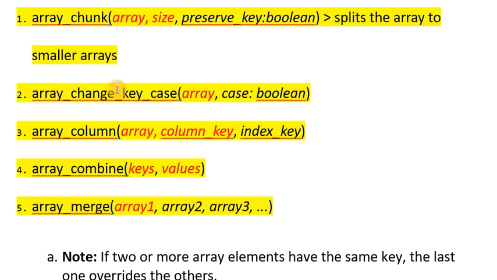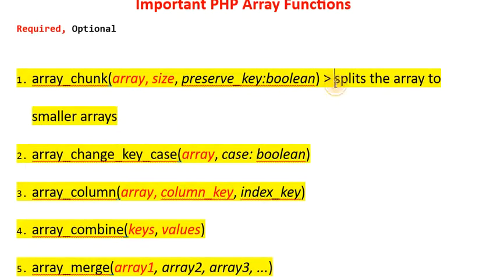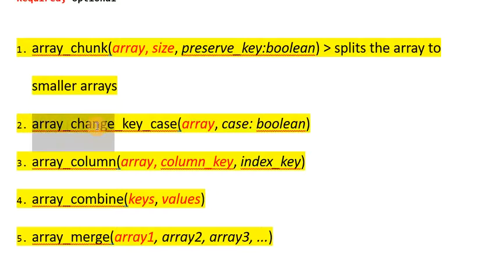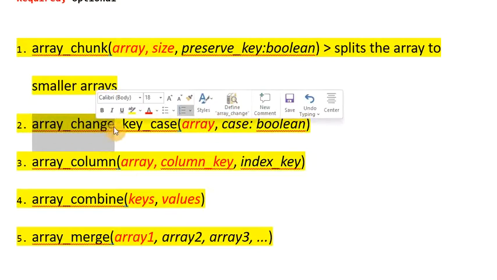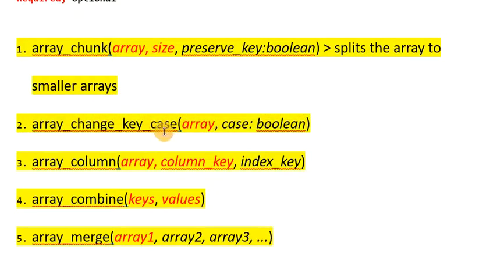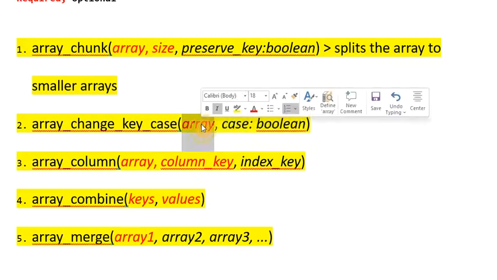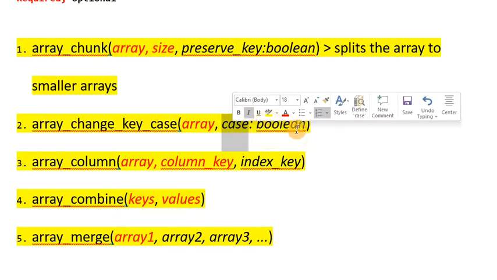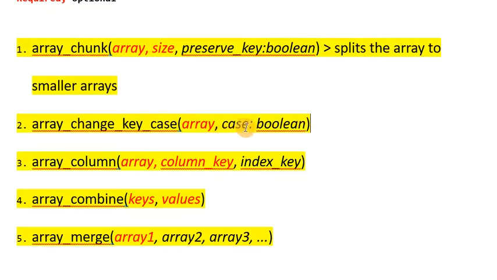Now the next function is array change key case. Again it has two parameters. The first parameter is the array itself, whatever array we give here, and the second parameter is a case. Here we have to pass uppercase or lowercase, whatever case we want to display.